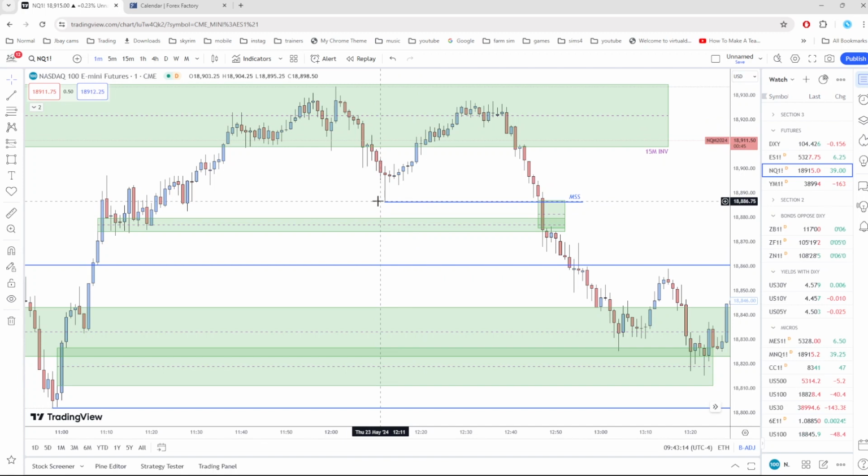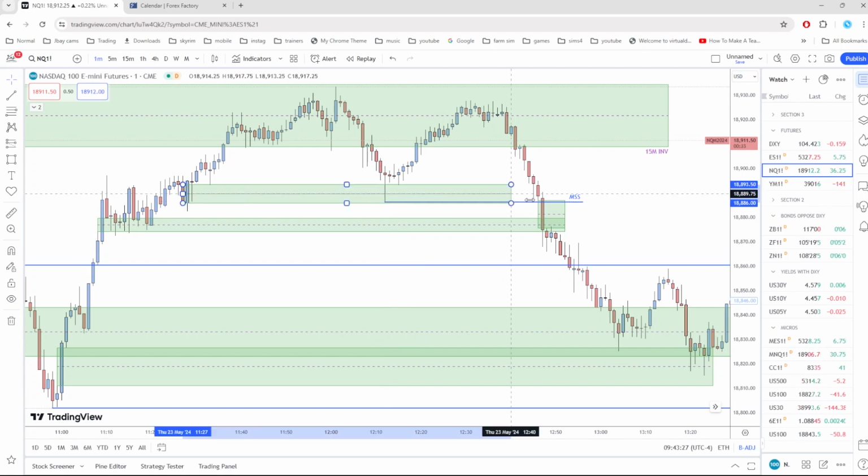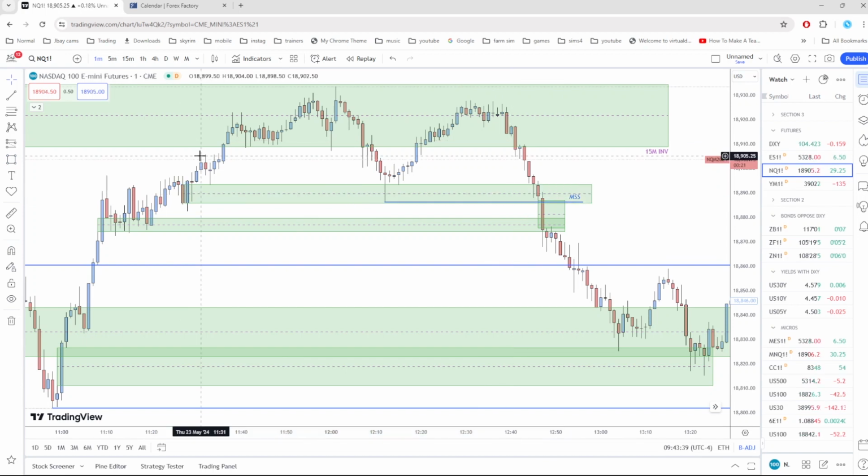And then another thing that we could look at is these two down close candles. We could use them as a reclaimed block. And the reason why I say that is because right after these two down candles, price moved away quickly with a lot of expansion.